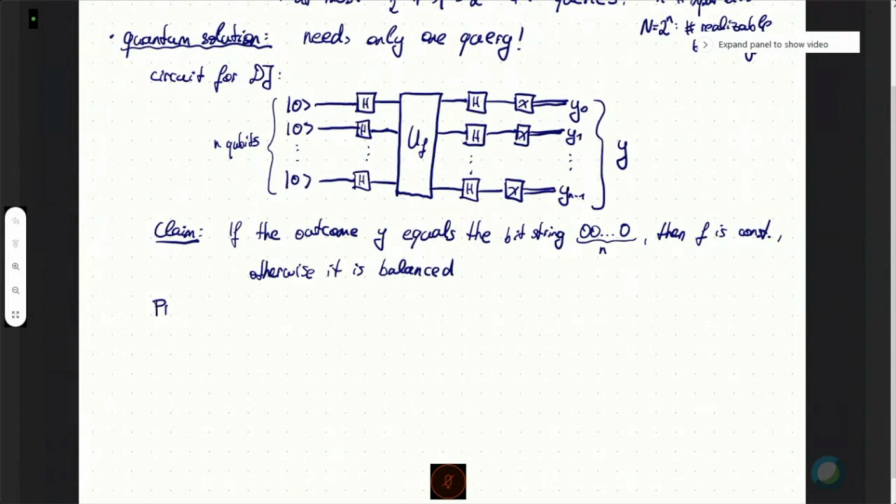And now I will go with you through the proof. Hope it doesn't get too mathematical now. So we're going to check how the states evolve during the quantum circuit. So we look at how the state after each step looks.